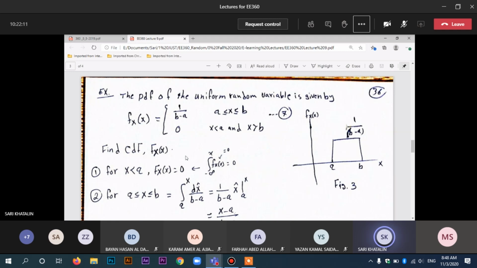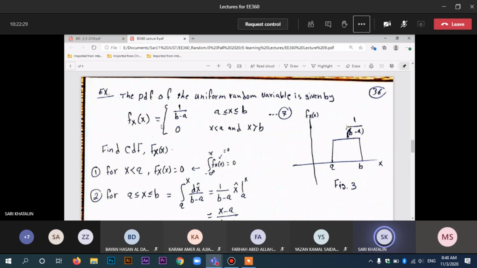Let's go to page 36, where we have a uniform random variable. This is a well-known uniform. You've seen it before, probably in previous courses. And it's very simple.